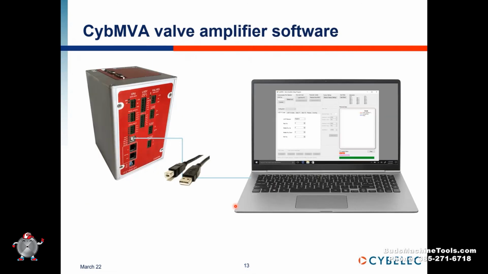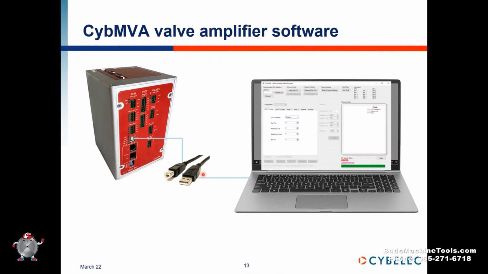Now this MVA, you can connect with the laptop and you can set the current. We have nominal current, we have maximum current of the valve, so that is mostly when you use the same CBMVA as an amplifier with current outputs. We have this software, and you can connect from your laptop directly to the MVA with the USB cable.